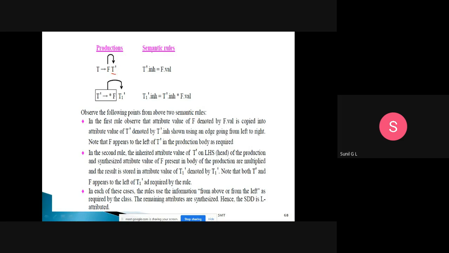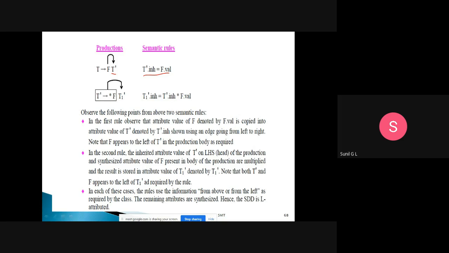T dash inherited is copying the F value to T dash, so T dash.inherited is equal to F.value. And T1 dash.inherited is equal to T dash.inherited star F.value. Observe the following thing.